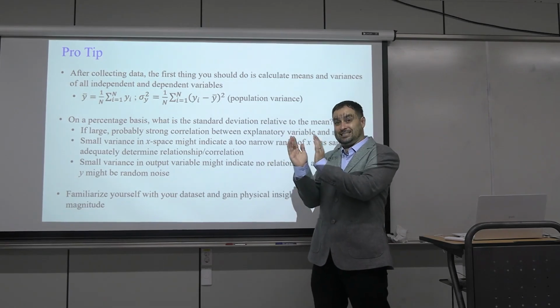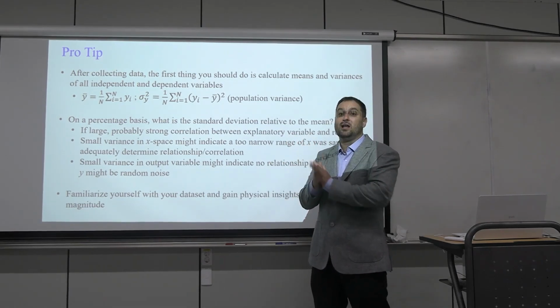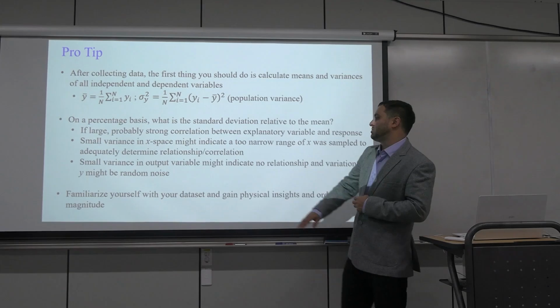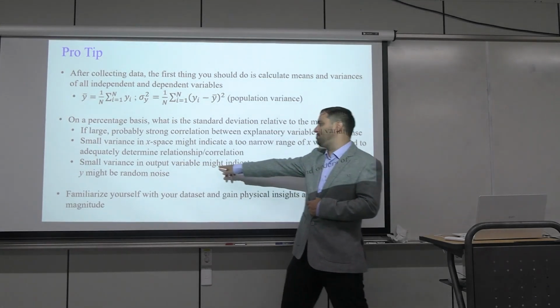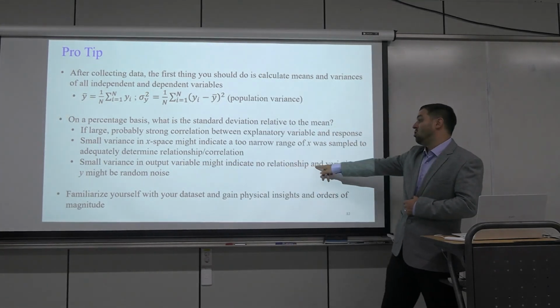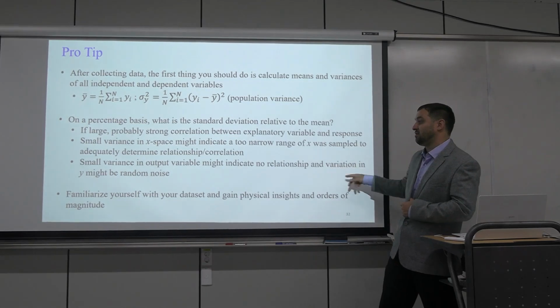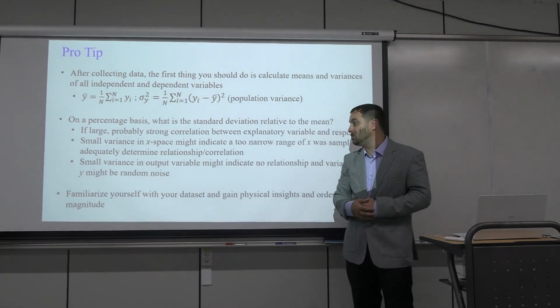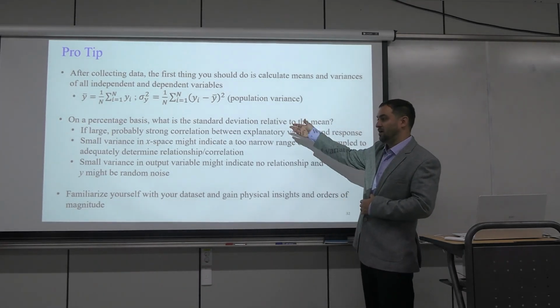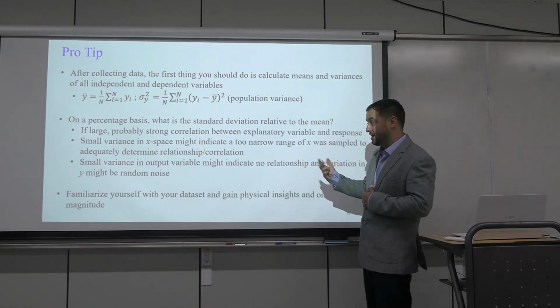But if our data set is only sampled a narrow range, that can lead to problems. And also the small variance in the output variable might indicate no relationship, and the variation in y might just be the random noise. Or if there's a large variance, that also could be large random noise.